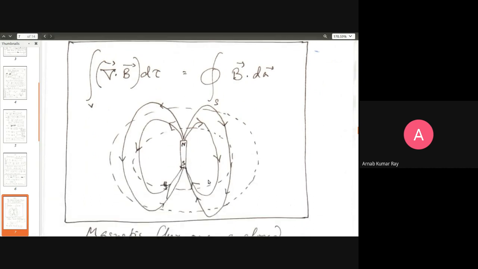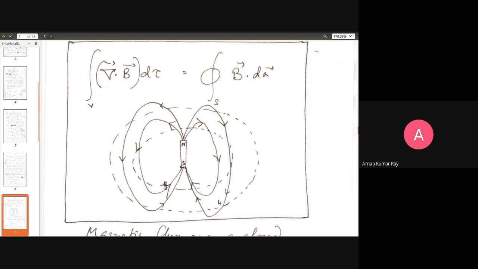We are going back to the old idea of a magnet having a north pole and a south pole. Out of this north pole, the magnetic field lines are coming. So these are the magnetic field lines.